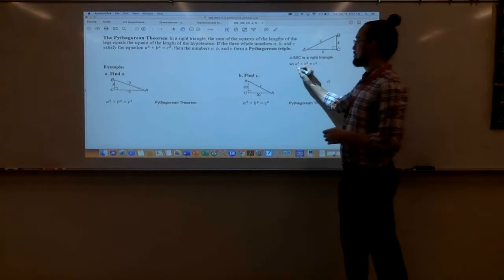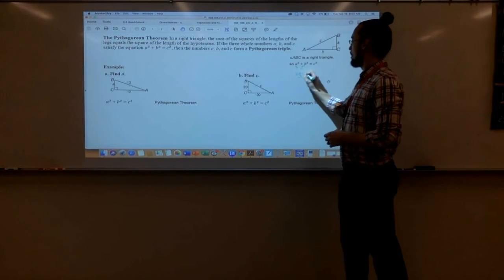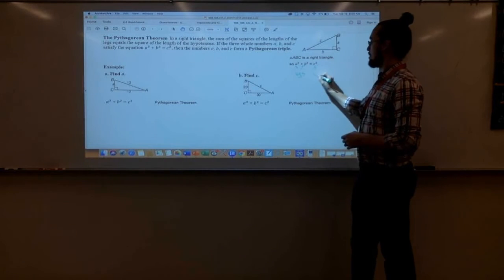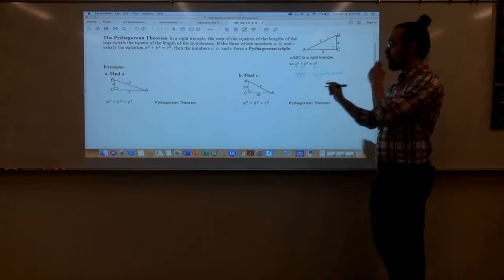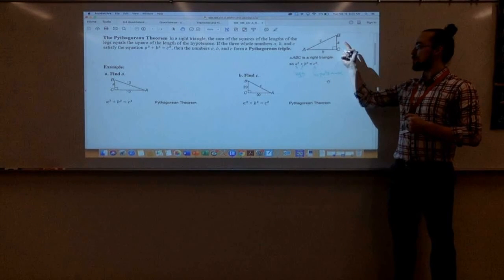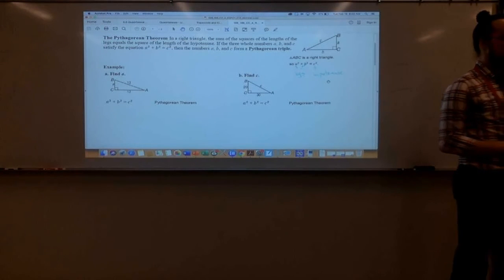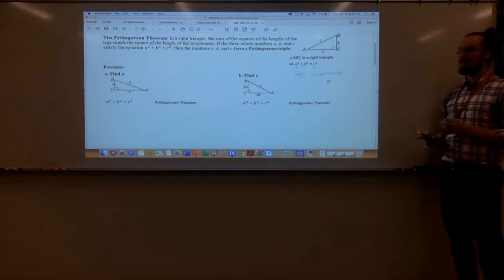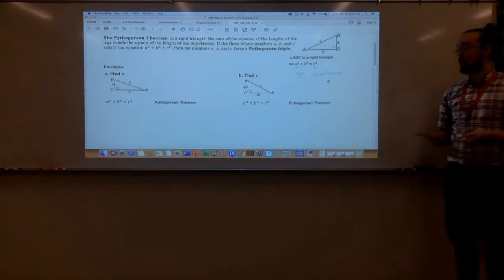These a and b are the legs, and c is the hypotenuse. Which one's a and which one's b doesn't matter. And then c always has to be the hypotenuse.